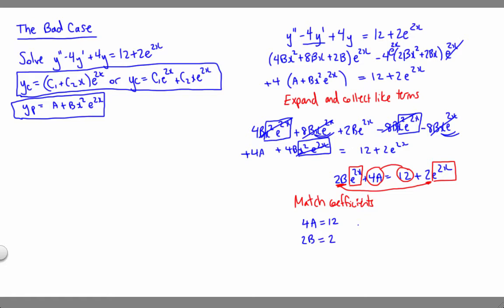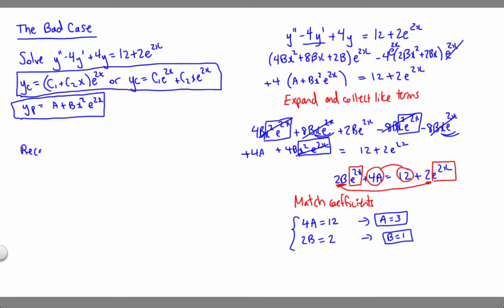All right, so this is a pretty friendly system of equations to solve. The top equation, 4a equals 12, tells us that a equals 3. And the bottom equation, if 2b equals 2, then b equals 1. So there we go. We found the values of a and b, and we can write down yp. Let's finish our workup over here.